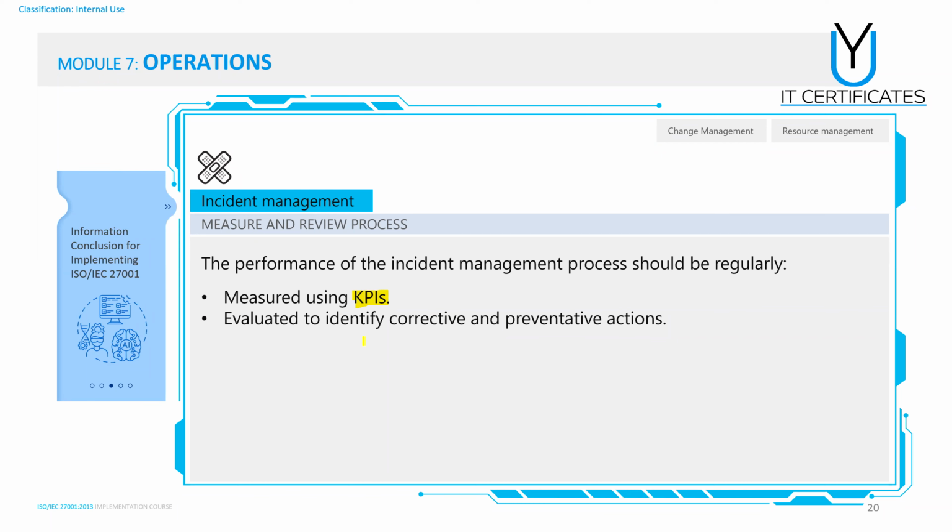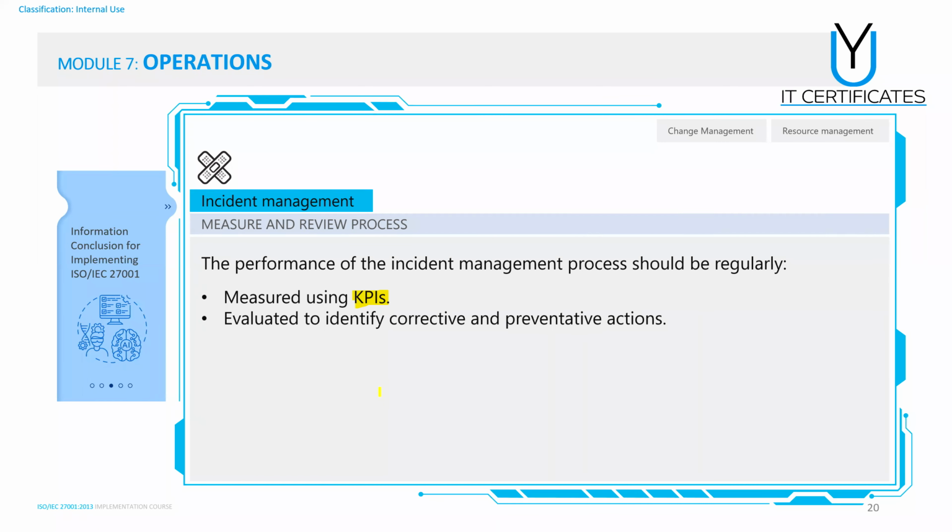Kill per incident? Sorry, I cannot hear your voice. No, KPI means key performance indicators. These are the attributes which you have to monitor to make sure that the incident management is effective.